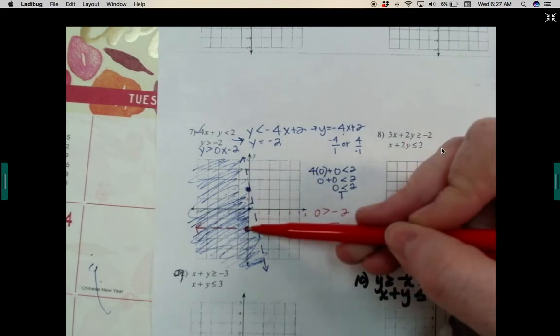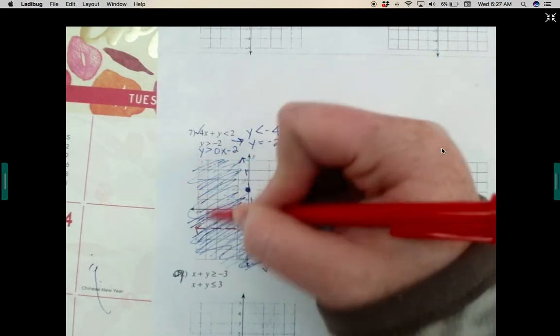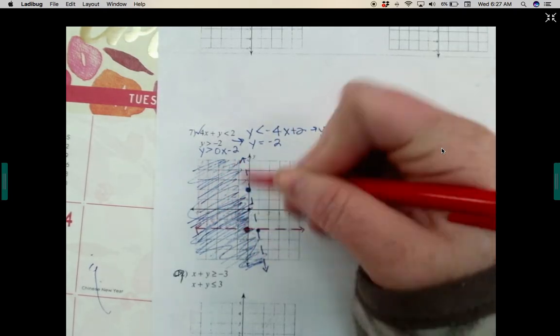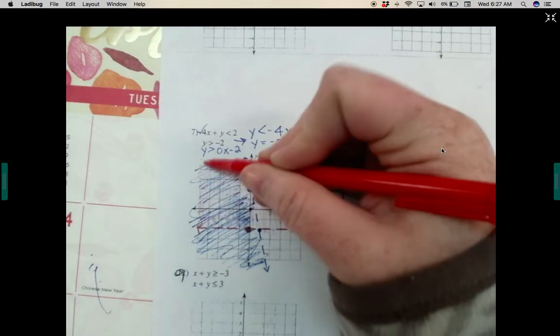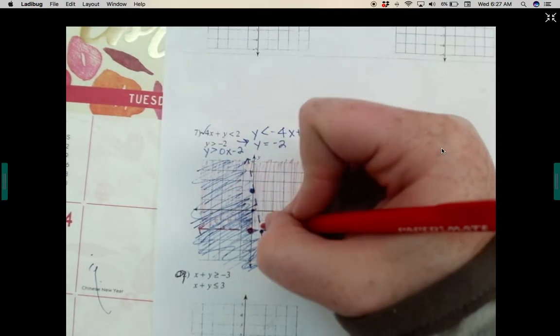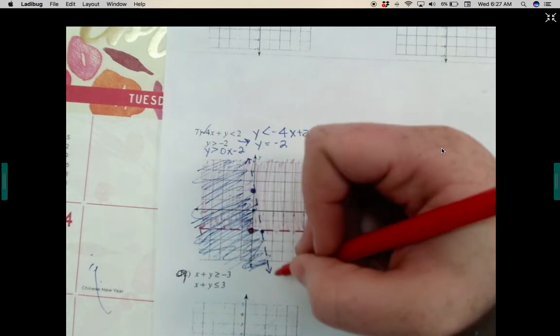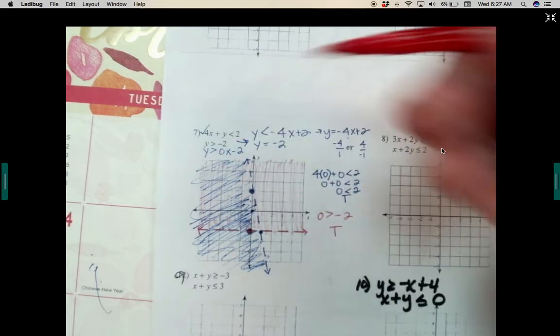So I'm going to shade up toward what I just tested. I'm doing it kind of lightly just because I don't want it to overpower that blue. Okay, so that means that my solution is this, not including the lines because they're dotted, and everything up if it kept going that way.